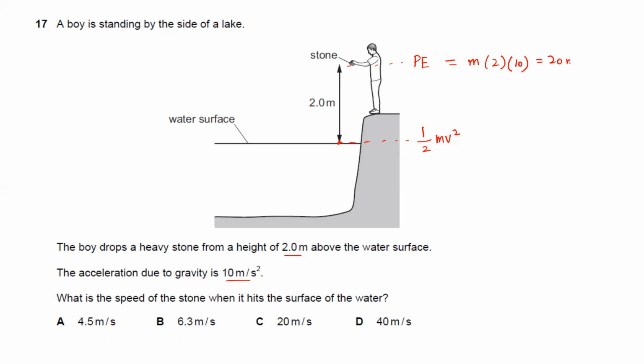So it is 20m joules, and that is equivalent to half mv squared. So this m cancels out. v squared is 40. So under root of 40 is the velocity, which comes out to be approximately 6.33 meters per second or something like that. So 6.3 is the right choice we have over here. Okay, next question.